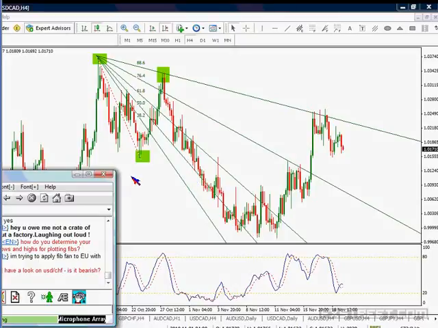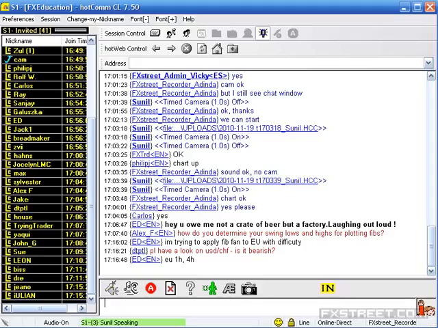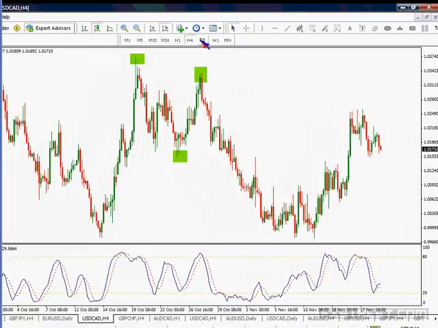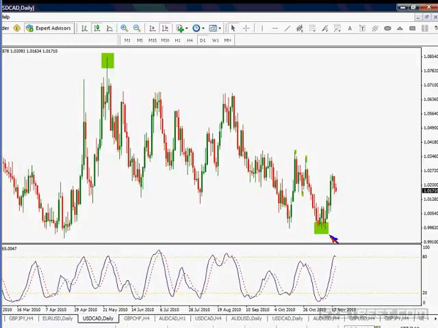How do you determine where you plot the swing lows and where you identify swing lows and swing highs from? Keep one thumb rule: identify a swing low and a swing high from a place where price pivots from. Let's have a look at a larger term time frame. In this case, what I would identify as my swing high and swing low is, this would be the swing high, this would probably be the swing low.